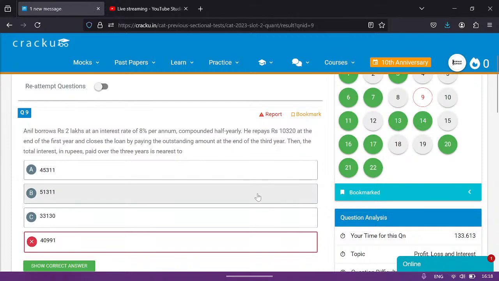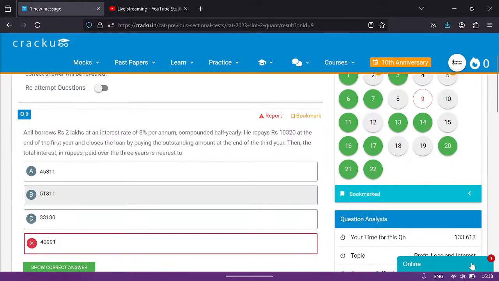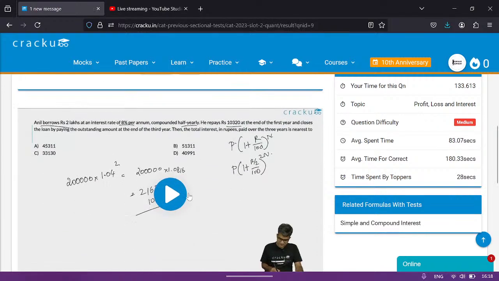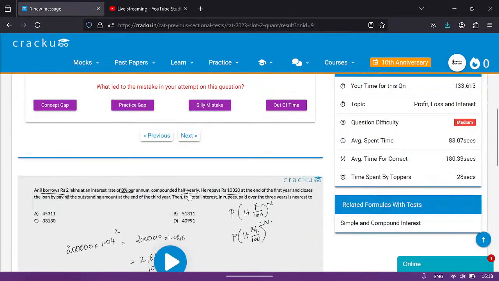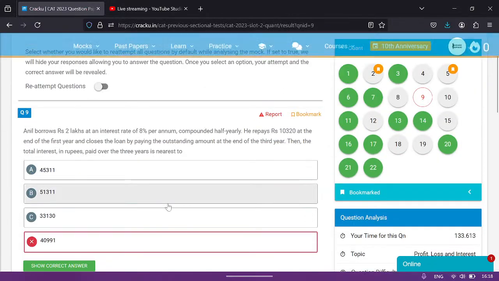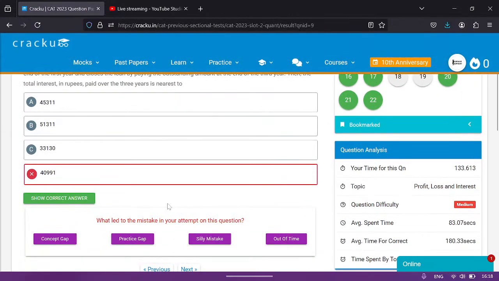How can this go wrong? This was such an easy question. I solved it using a calculator. If I'm doing it wrong even using a calculator, then complete shame on me. But I remember solving it correctly. I think there should be some calculation error, or maybe I misinterpreted the question.